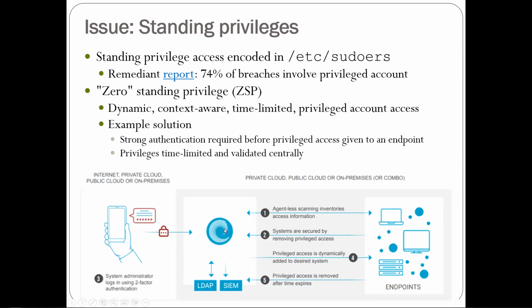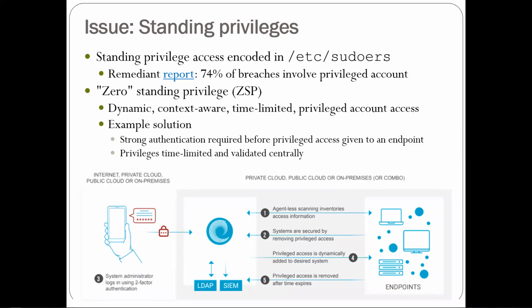And when you decide to enable access, this is pushed out temporarily to that endpoint and then removed after that time expires. So this gives you visibility in one place to all of the privileged operations that are happening across your entire fleet. So that's the idea.